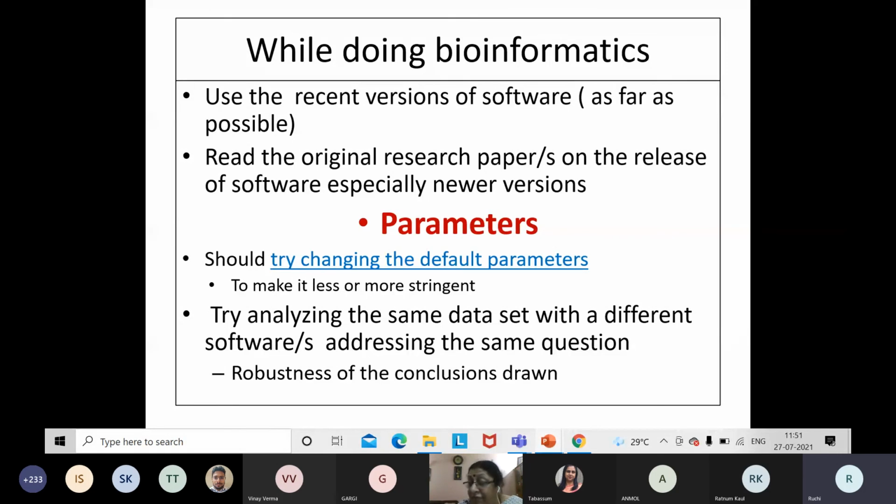There are always some differences. Some parameters are different, some assumptions are different, and see how many times your conclusions are the same, or in what respects your conclusions vary with the different softwares. That will make you aware not only about your result and your data, but also about the features of the softwares, how the softwares are different, which have been claimed to be for the same purpose. Next please.